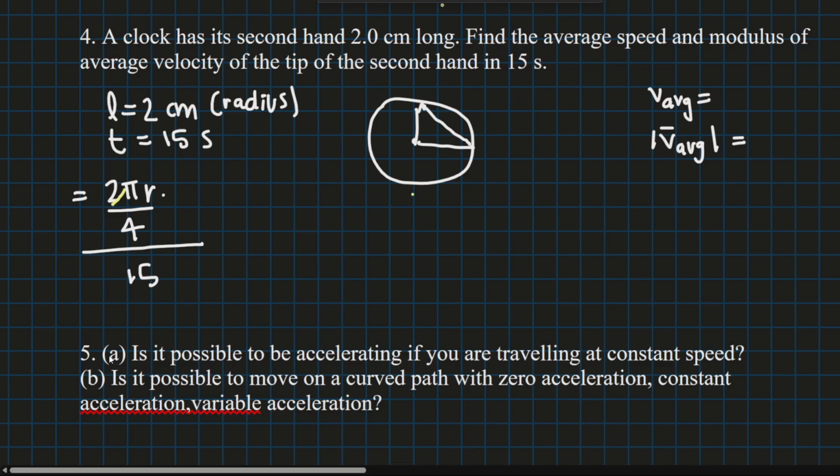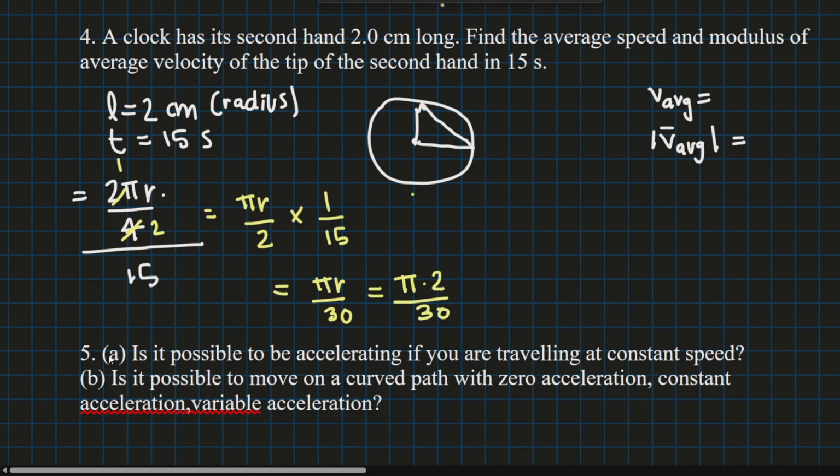Try to cancel, we get pi r upon 2 into 1 upon 15, which is equal to pi r upon 30. If we continue to simplify and insert r as 2, we get pi upon 15.